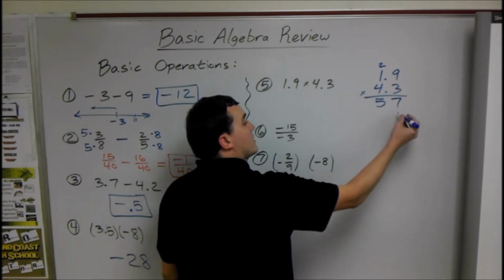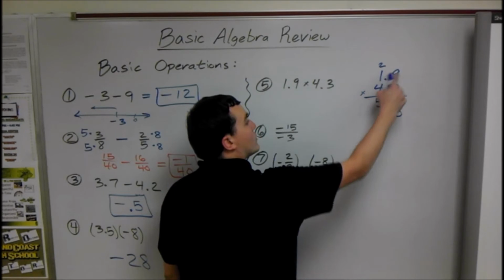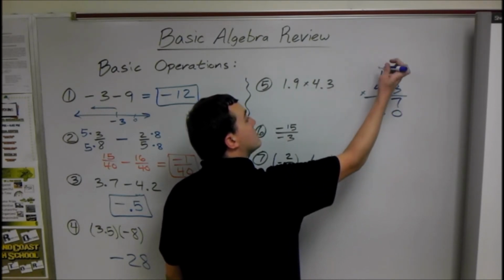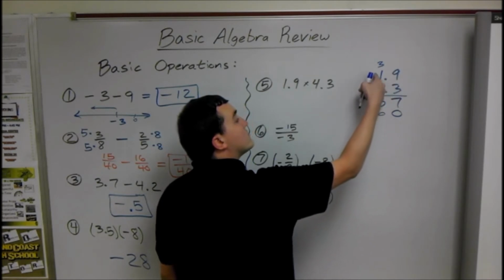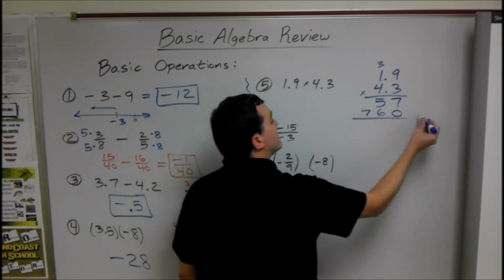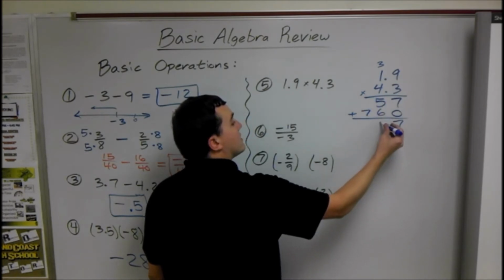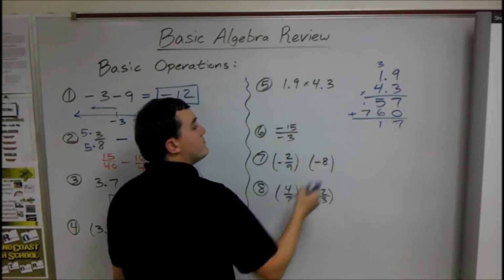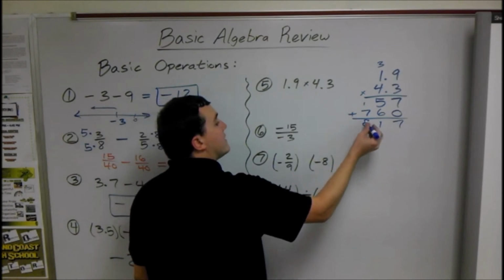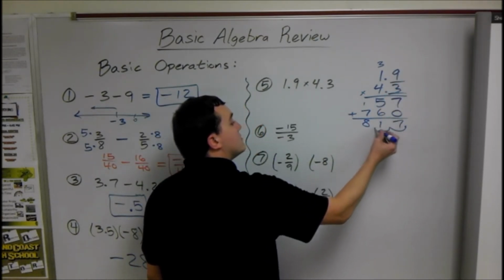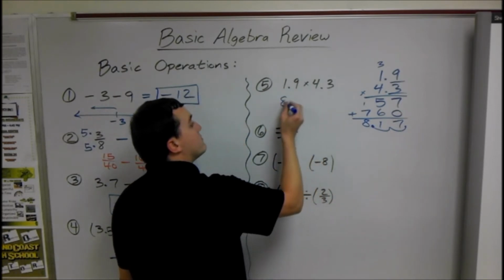When you multiply the second number, you need a placeholder. 4 times 9 is 36. 4 times 1 is 4, plus 3 is 7. And then you add these up. 7 and 0 is 7. 5 and 6 is 11. Carry 1. 1, 7 is 8. And you have 1, 2 decimal places. So this is going to be 8.17.